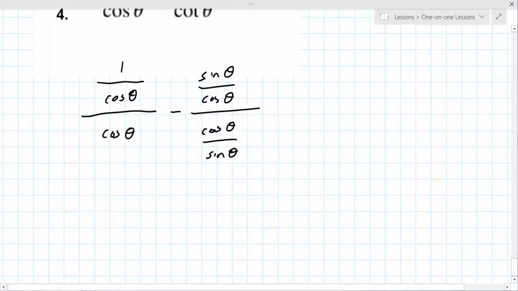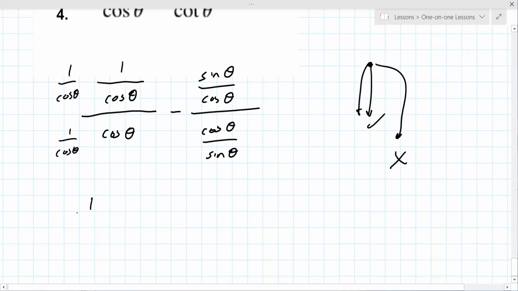Sometimes you take a step and maybe it's good. Sometimes you take a step and it's bad, and then you have to backtrack and make the other step. We're gonna combine these. If it isn't clear, you're multiplying the top and bottom by 1 over cosine theta here to get rid of this cosine theta.